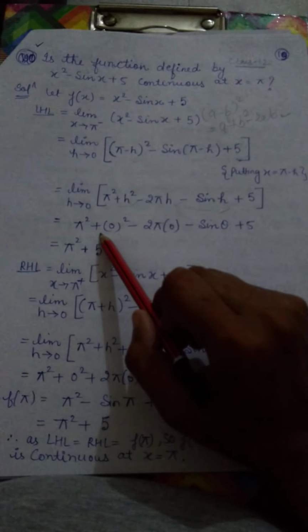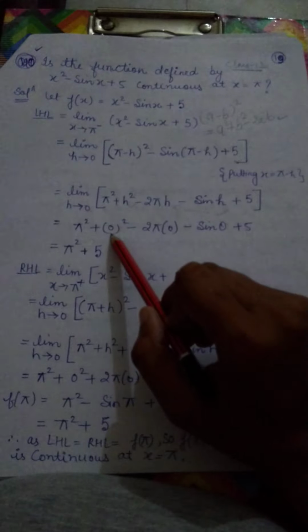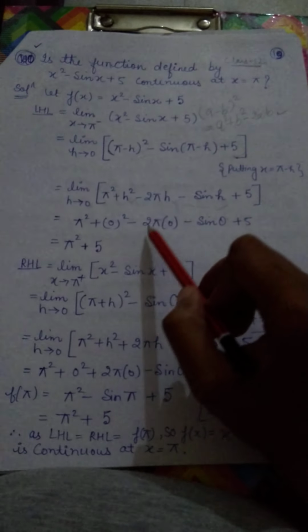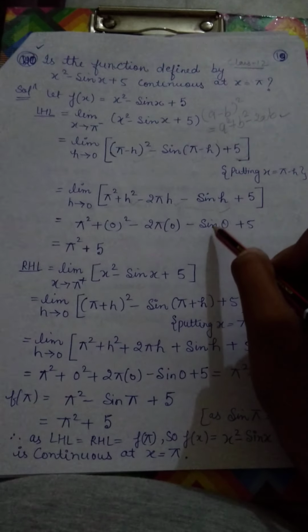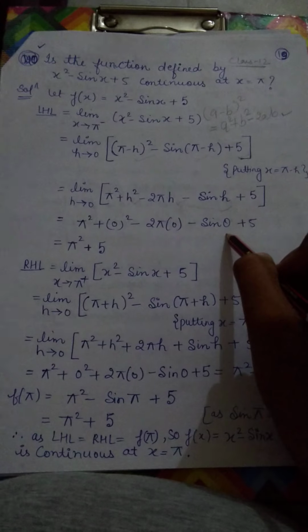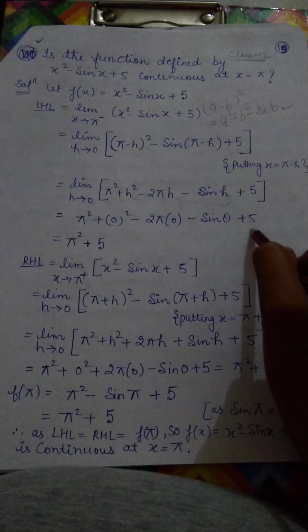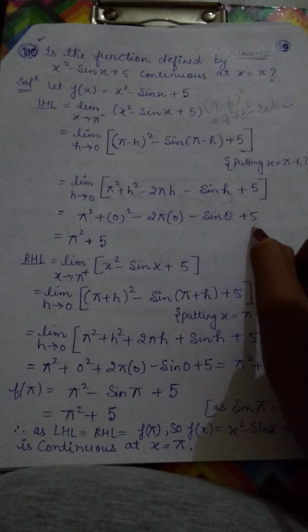Pi square plus 0 square, and 2 pi into 0, and sin 0 is 0, plus 5.